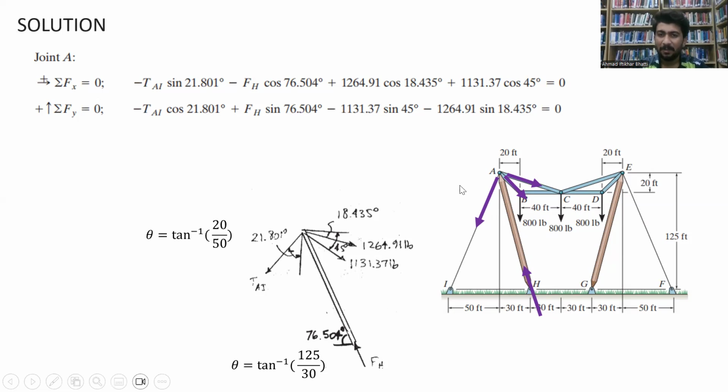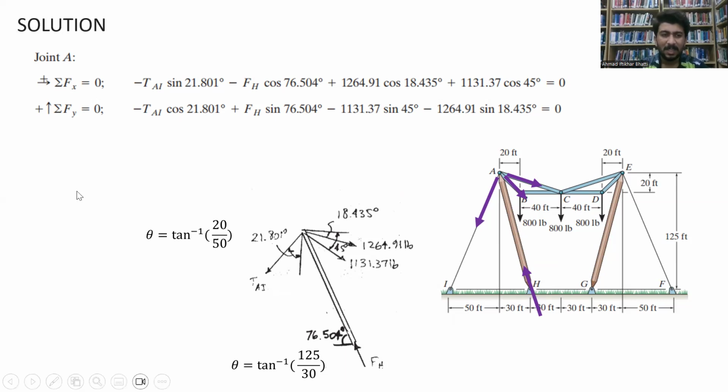And we have the force in member AB, which is 1,264.91 pounds. And we have the angle of 18.435 degrees. And for the member AC, we have 1,131.37 pound force with 45 degrees.